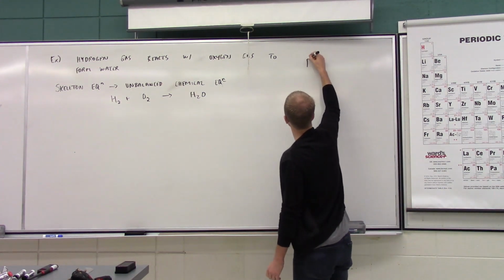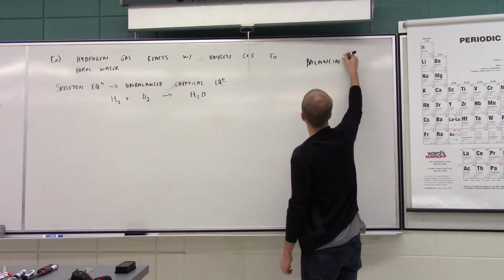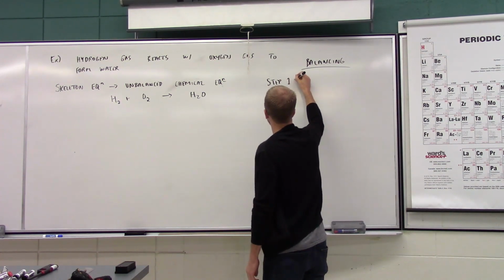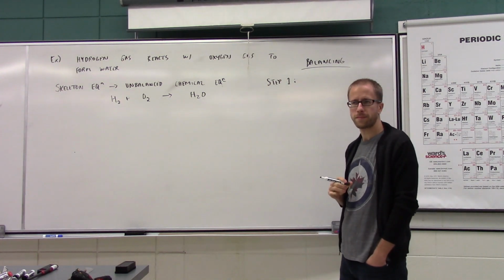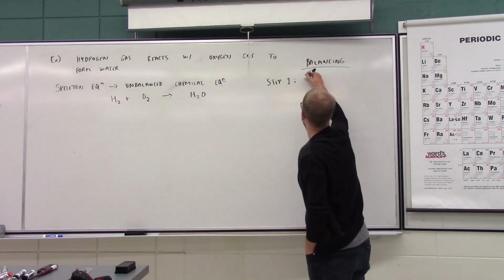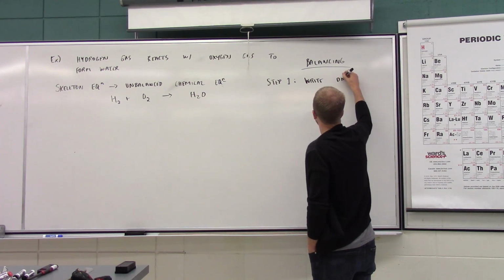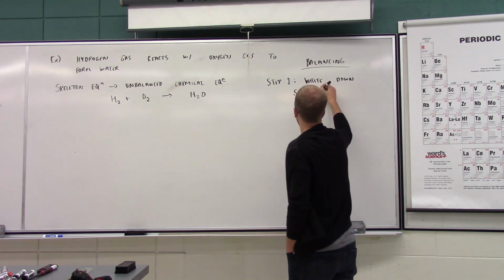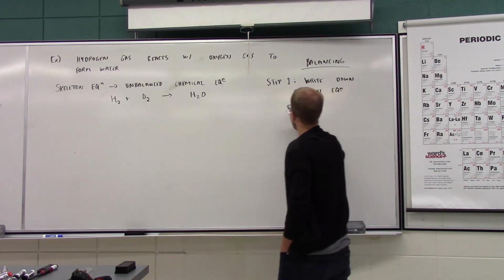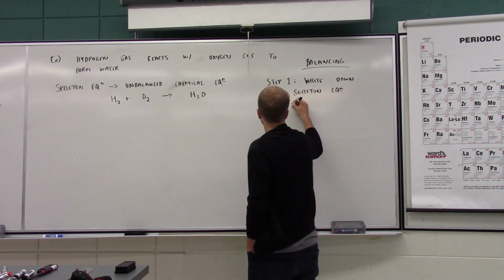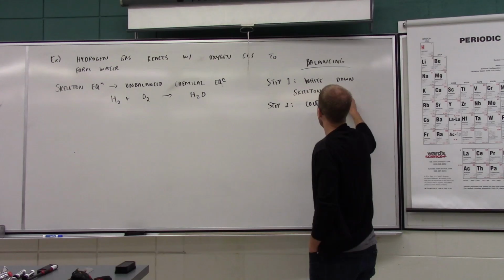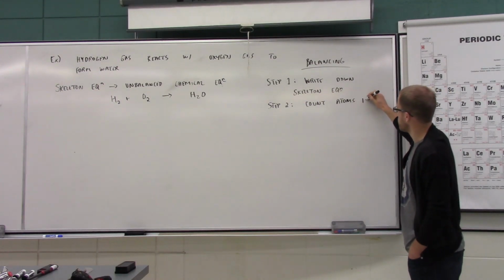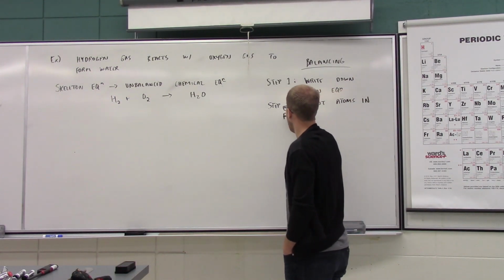So step 1: write down your skeleton equation. And then step 2 is count atoms. Put a little more specific here: count atoms in reactants and products.